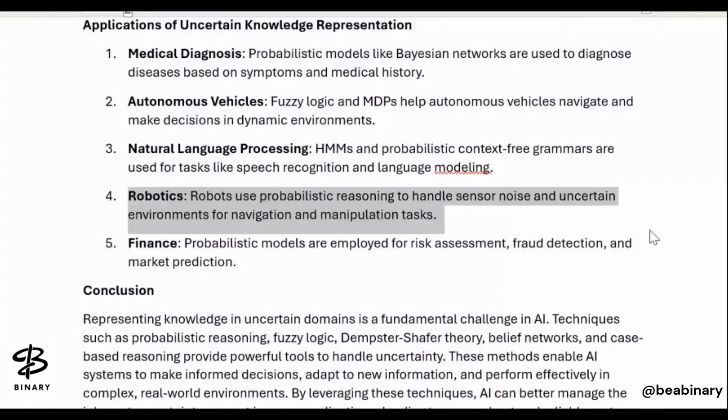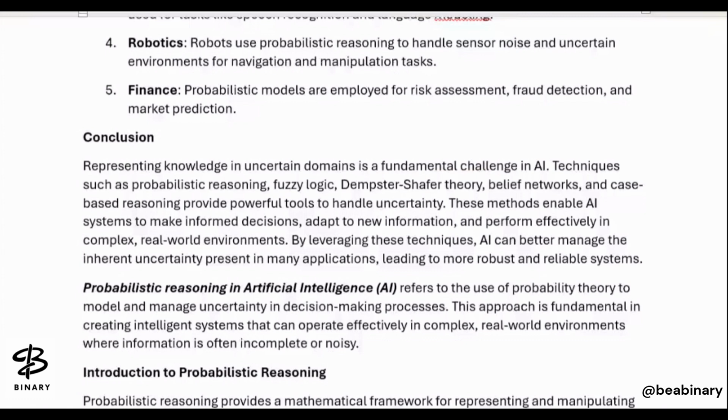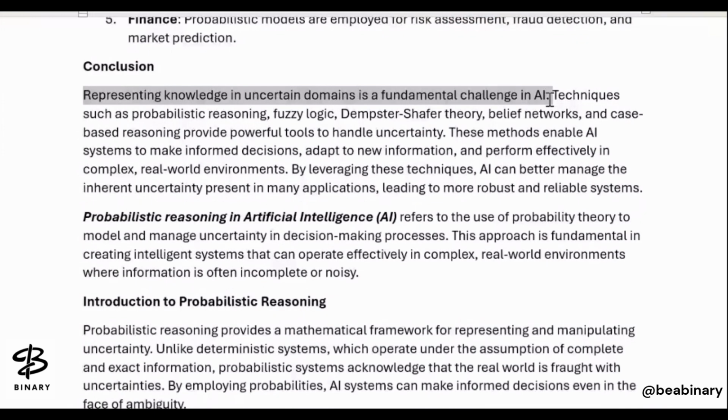Now, what about finance? In finance, probabilistic models are employed for risk assessment, fraud detection, and market predictions also. So far, what we have talked about is that representing knowledge in uncertain domains is a fundamental challenge in AI, because of big data, because of the number of formats, because of ambiguity of that data, and data being generated at a very fast speed.